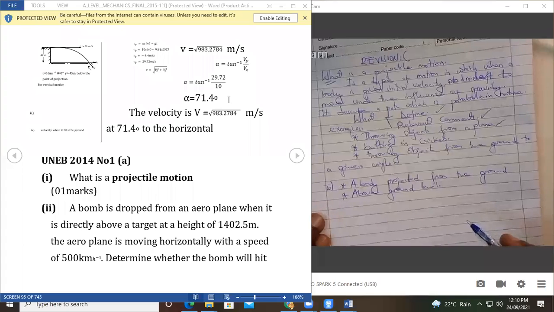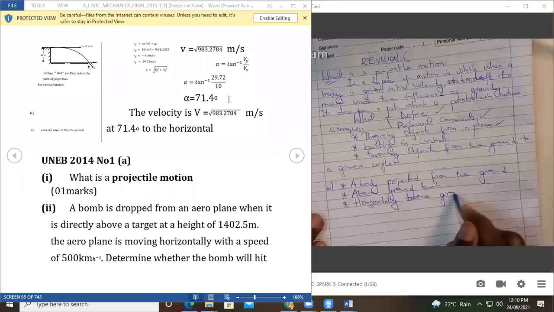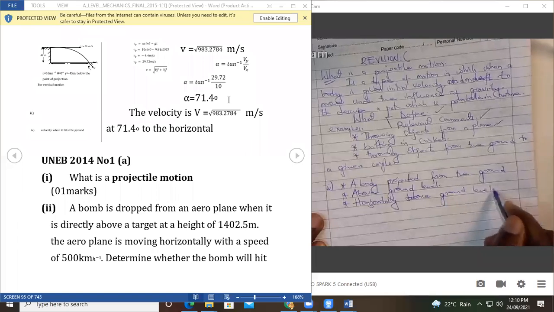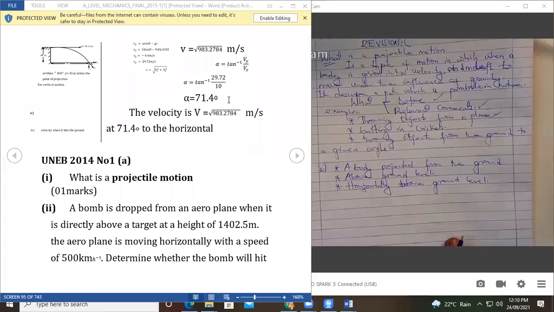Then, when a body is projected horizontally above the ground level. So those are the 3 cases we look at. And we have derived all the equations, and we have looked at the terms we use to describe them.